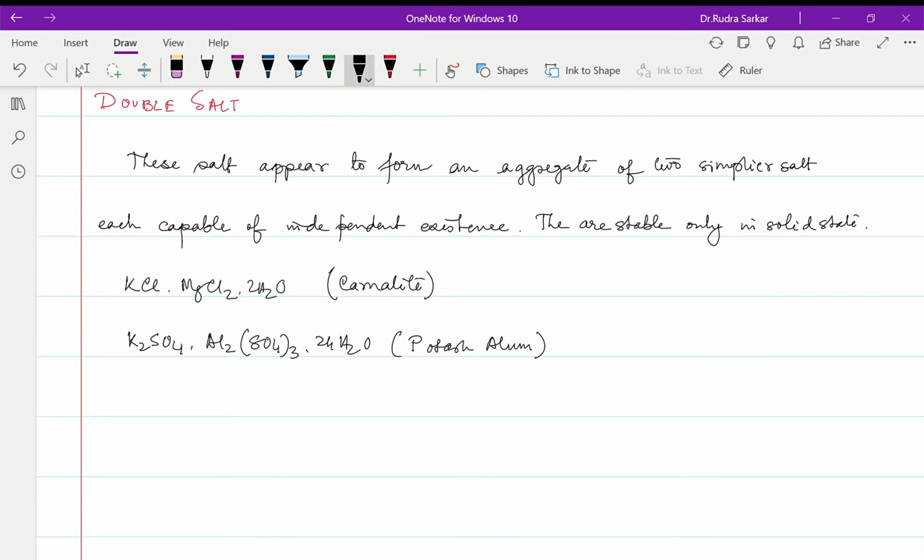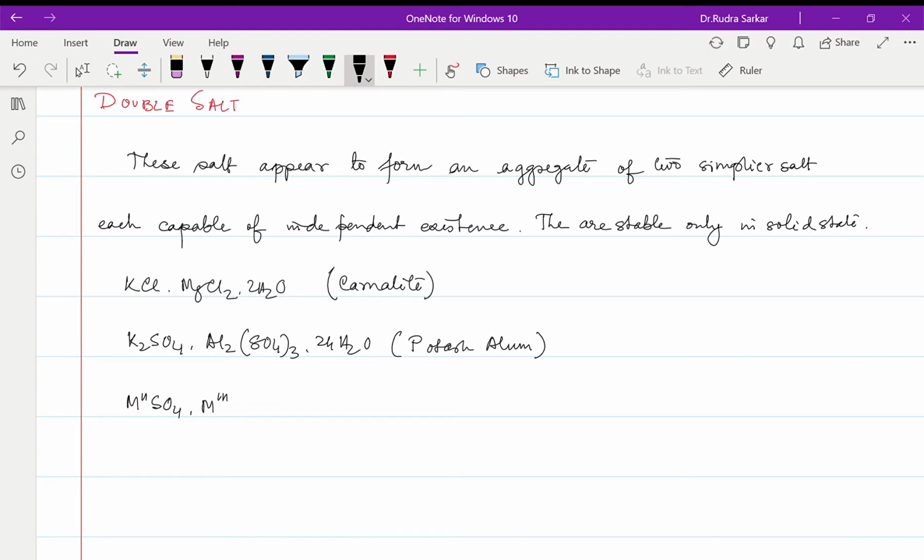This compound is used as alum, or any type of alum. Any type of alum will have a general formula. What is the general formula? M should be in +2 oxidation state, and the other metal ion should be in +3 oxidation state.